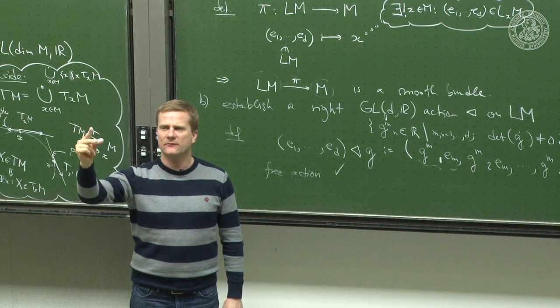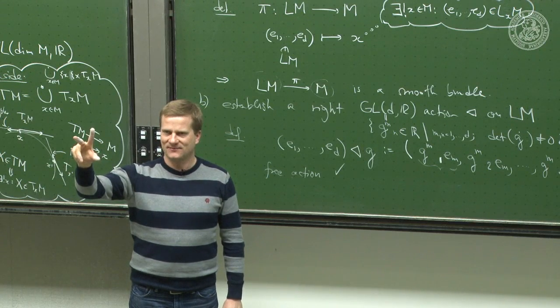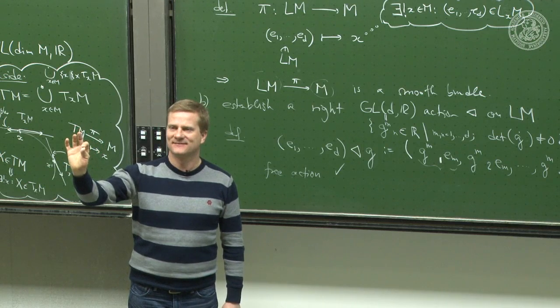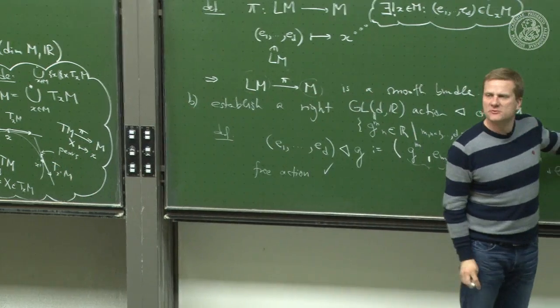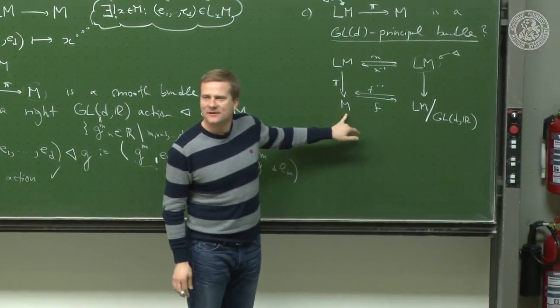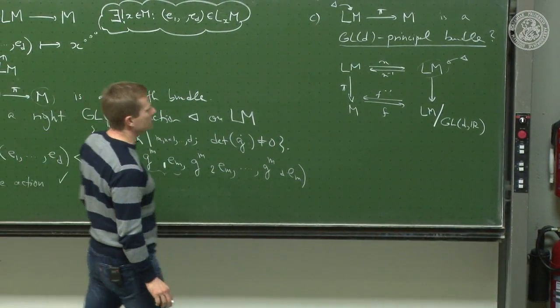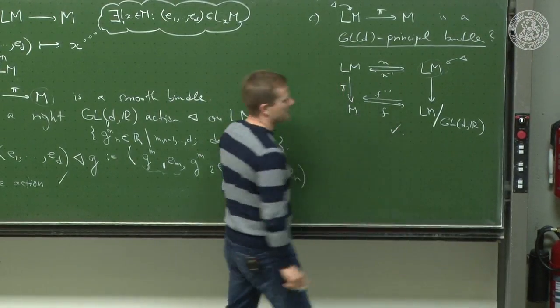So I get any other frame. So if I ignore this orbit, right, all that remains is the point, right? And that's precisely this isomorphism we want to have, right? So indeed, I can go from any one frame to any other frame, and that's a free action. So this is definitely the case.